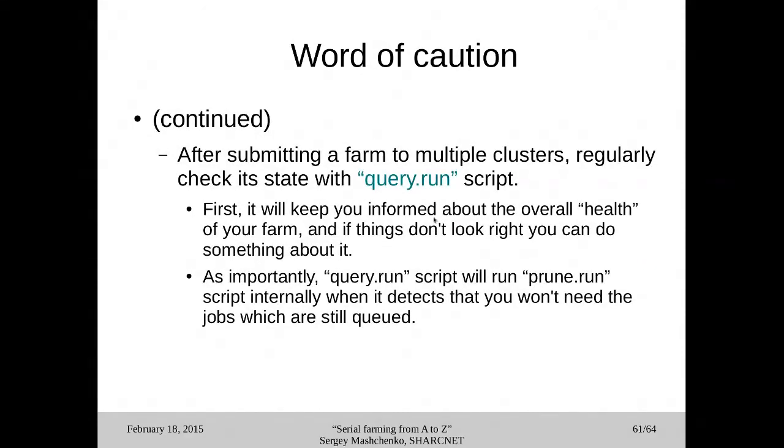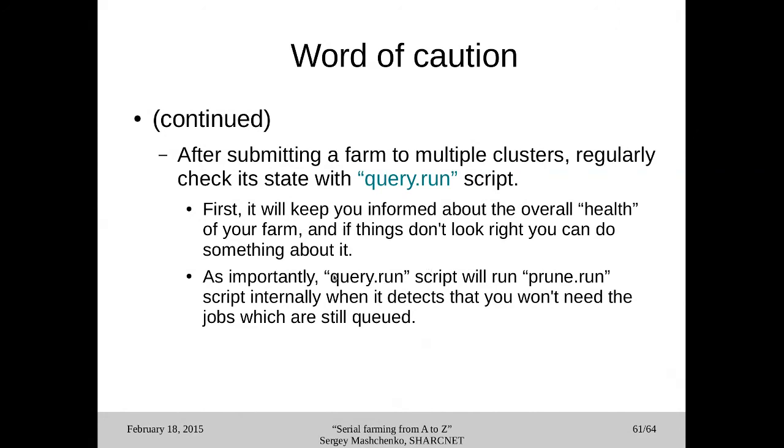What you want to do also when you submit your jobs, frequently run the query.run script. I mean, frequently, not every second, but maybe once every 5-10 minutes, or once every hour, depends. What it does is inform you of the health of your farm. It's good to know if something goes wrong, so you can do something about it.